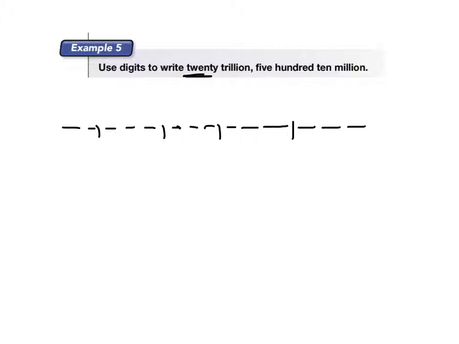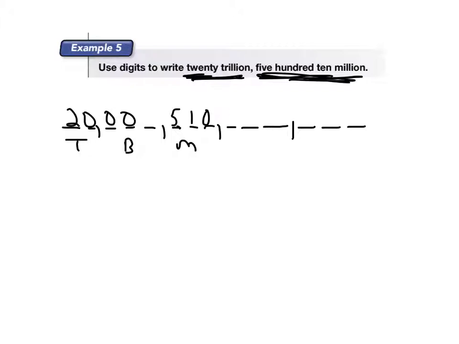So 1, 2, so there's your 20. That's your 20 trillion right here. 510 in the million spot. Well, this is trillions, this is the billions, and this is the millions. So the 510 goes where the millions are. And then you're just going to put zeros everywhere else. 0, 0, 0, and so on. And this number then is 20,510,000,000, and that's it.